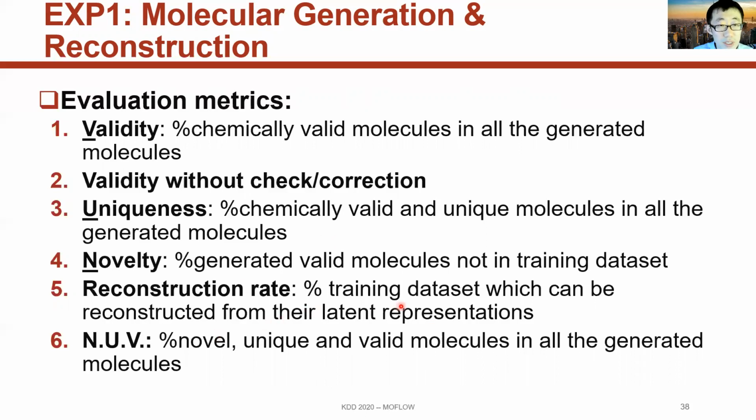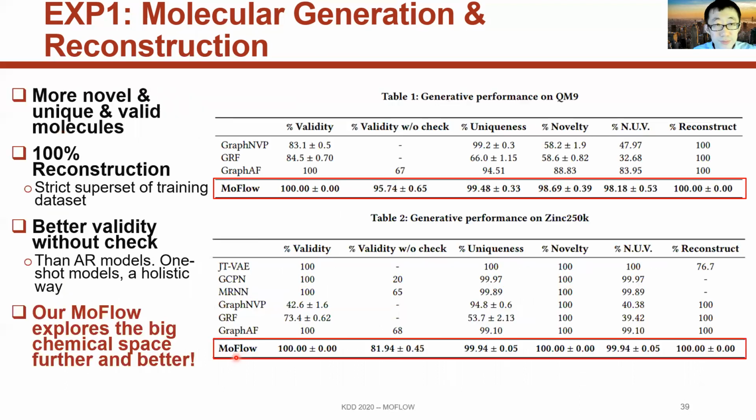Reconstruction rate means how much of the dataset we can remember and reconstruct from its latent representations. Here, we can summarize the above by N.U.V., which means the percentage of molecules that are novel, unique, and valid among all the generated molecules. Here is a metric. We propose a comprehensive metric to evaluate different models.